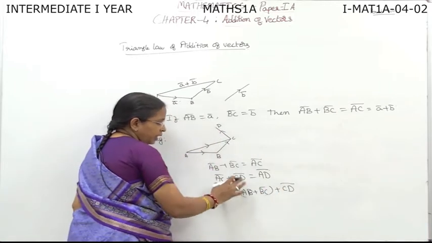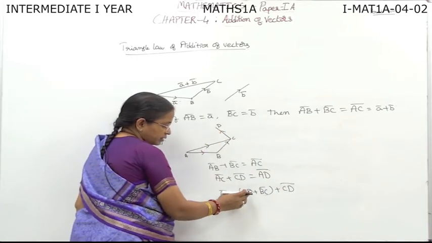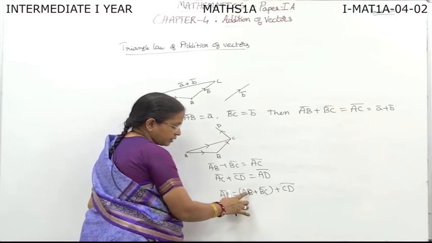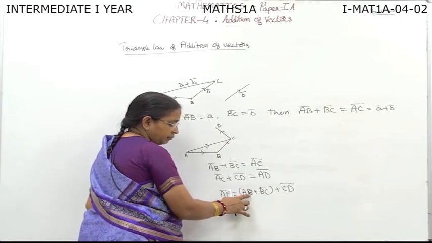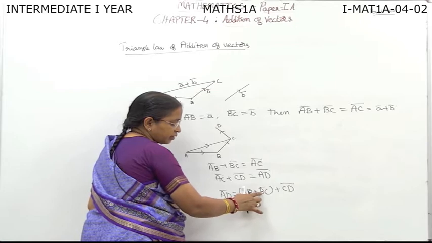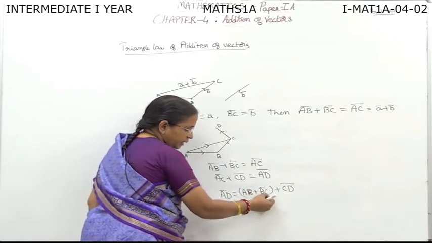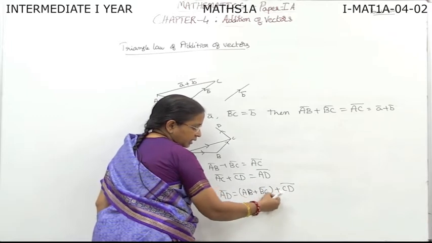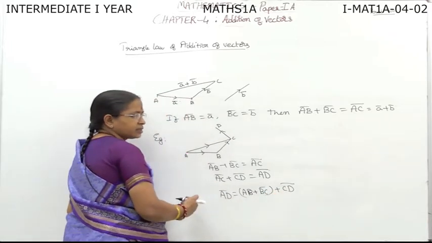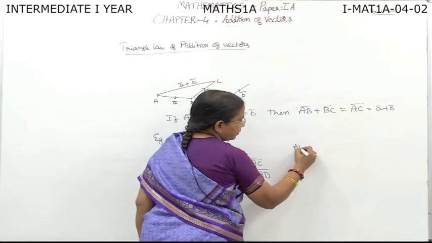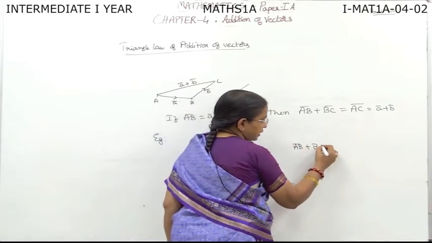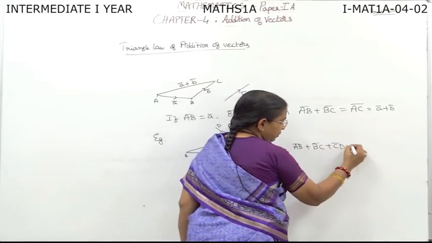So you can add three or more vectors when this condition is satisfied, that is, the terminal point of the first vector is the initial point of the second vector. AB, BC, CD becomes AD. Suppose I have AB plus BC plus CD plus DE.